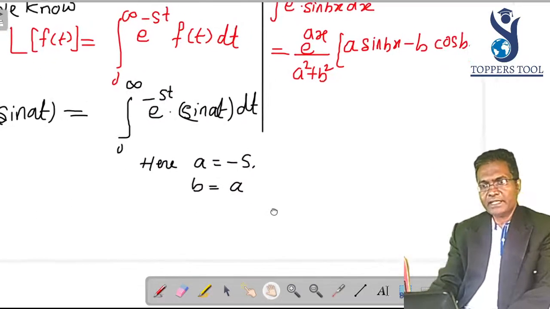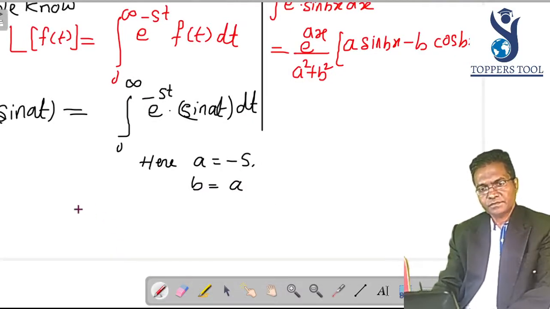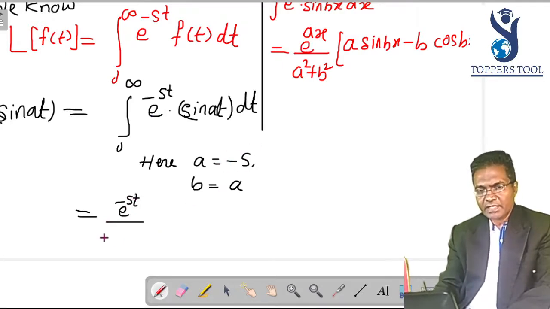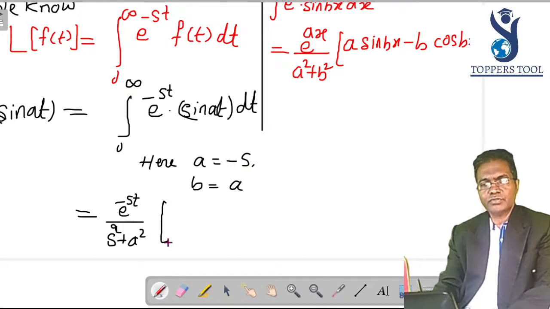So carefully, e power ax means e power minus st, divided by a square plus b square. So the squares of these two give s square plus a square, into a sine bx. Here t is the variable.